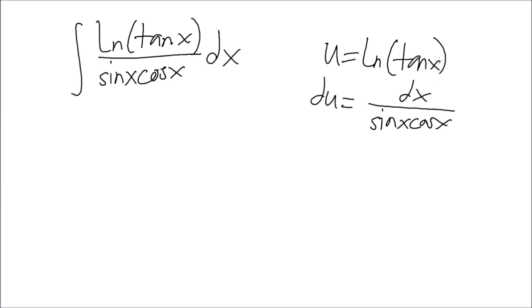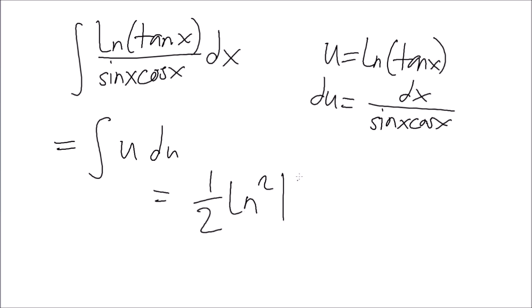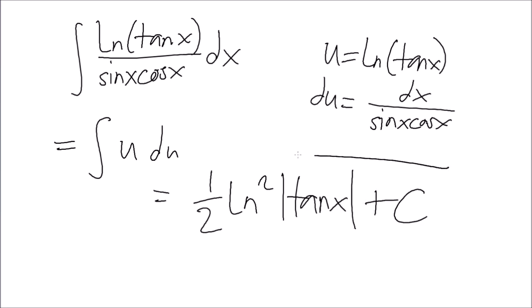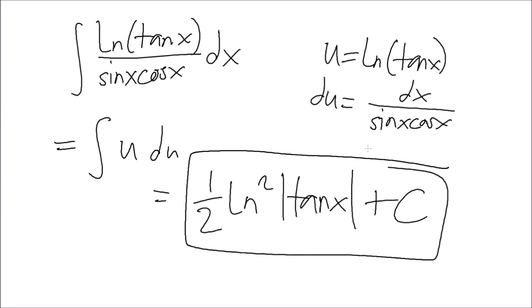Alright, then we'll go ahead, this is just u du. This is technically just u. Oh wow, super easy then. So in that case, the answer is just half of ln squared tangent x plus c. And you're done. And that's it.